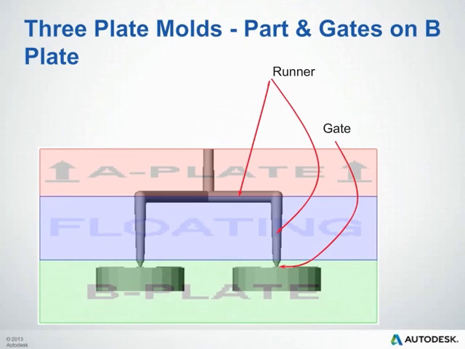The next one goes through the floating plate, and that's technically a runner. From there, we go up to our secondary split, and you can see the runner runs parallel to that. Then again, the sprue will be defined by the thickness of the A-plate. In this case, this would be the only way you can model this scenario. The first 2 situations would not work.